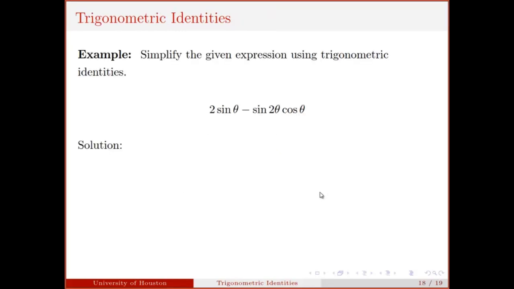Finally, let us apply these double angle identities in the following examples. First, we will try to simplify the expression 2 sine theta minus sine 2 theta times cosine theta.